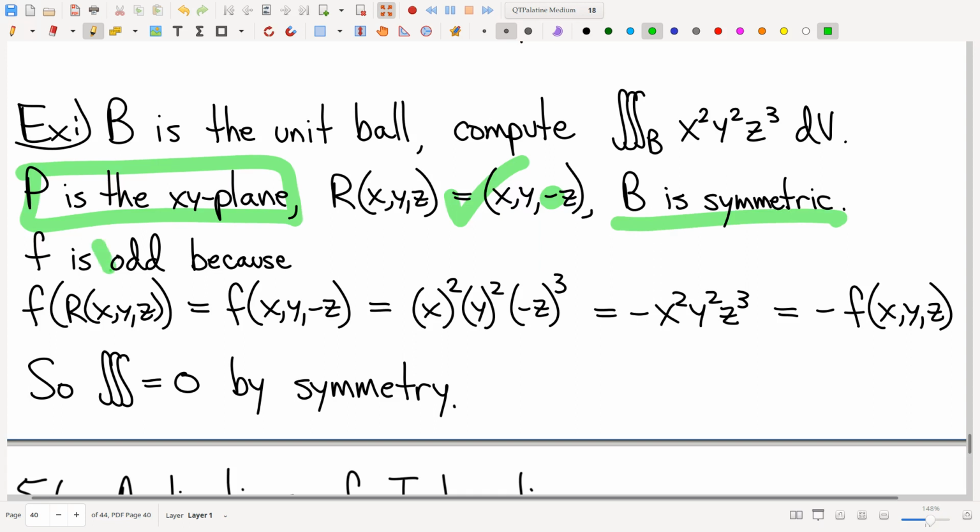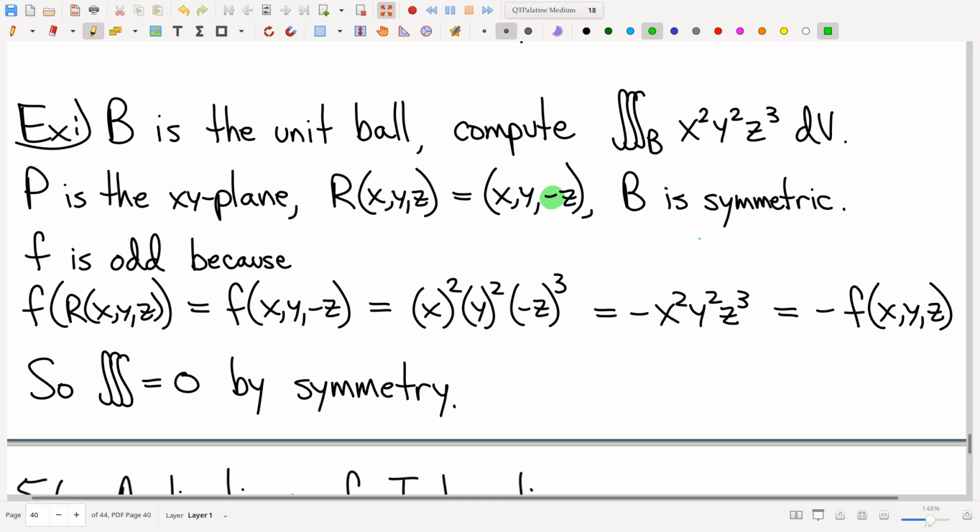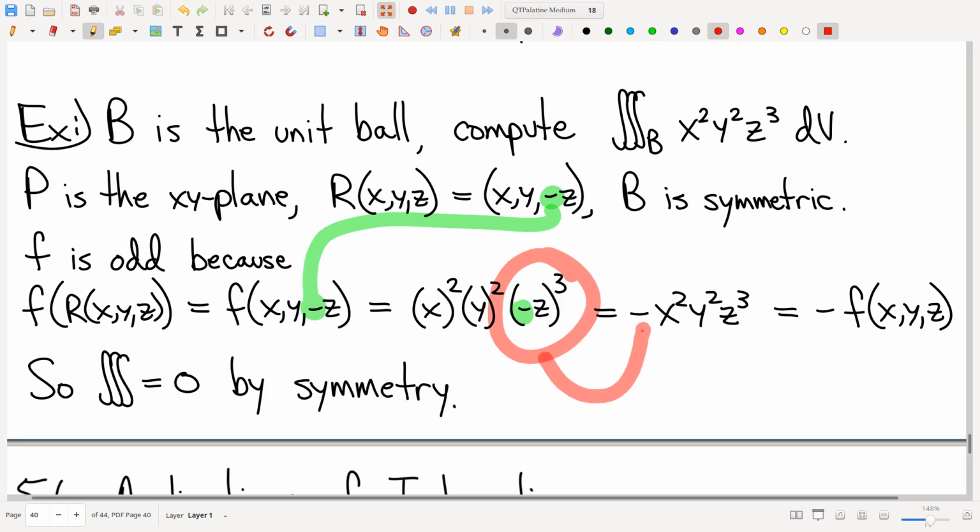And I claim the integrand's odd, and the reason I know the integrand is odd is because, again, all I've got to do is add a minus sign right there, and you can see that gives you the minus sign that you need. Integral 0 by symmetry. I don't have to deal with square roots. I don't have to deal with spherical coordinates. I don't have to deal with trig. 0.